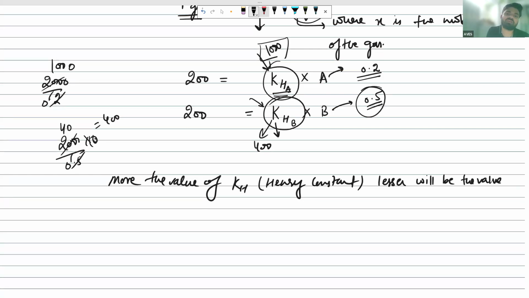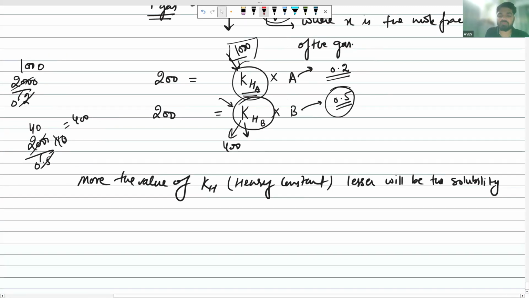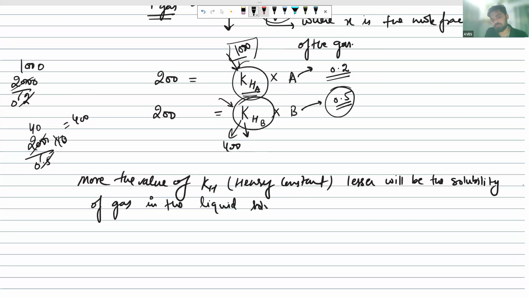Lesser will be the solubility in the liquid solvent.